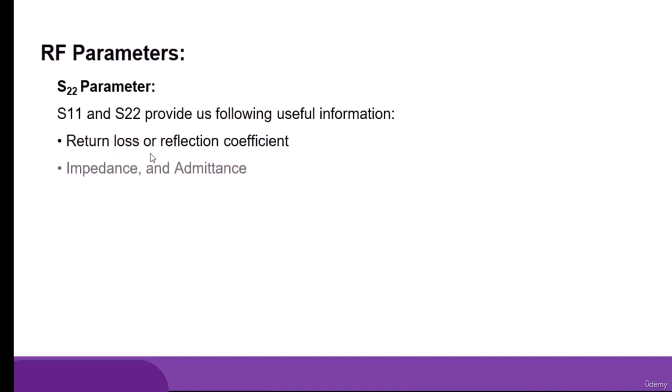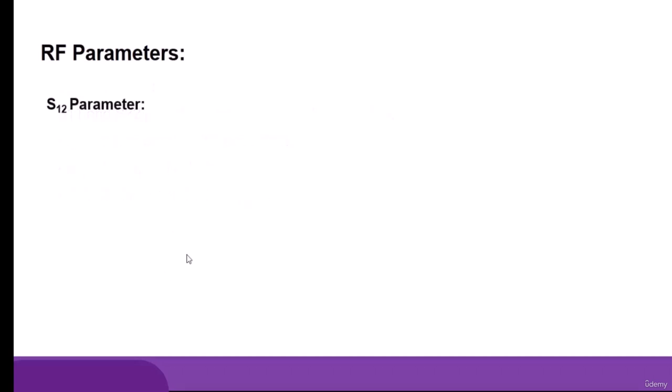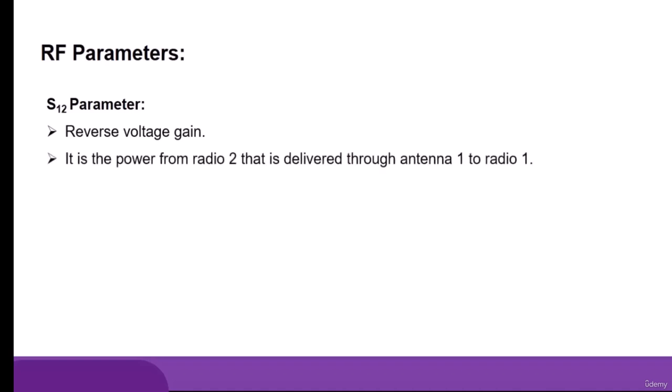Now, after the S22 parameter, we will discuss the S12 parameter. The S12 parameter is also called the reverse voltage gain. The S12 parameter is the reverse, indicating the power from radio 2 is delivered to antenna 1. To understand better, let's consider an example.